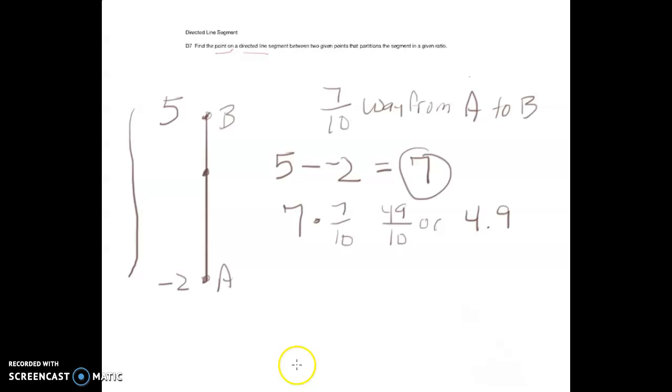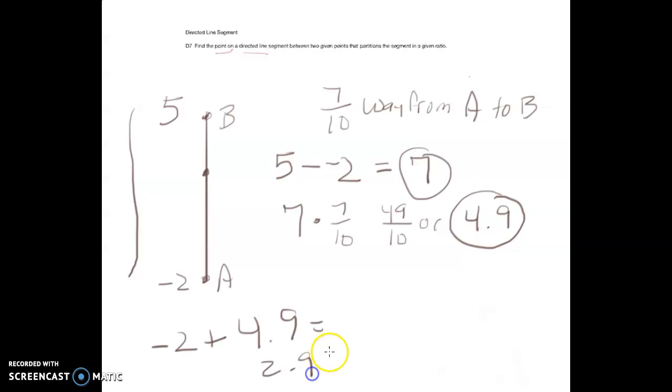Okay, so what's happening? The whole length right here is 7, and 7/10 of that is 4.9. Now, am I looking here at 4.9? No, it's 4.9 from the -2. So I'm going to have to go -2 plus 4.9 equals 2.9. Make sense? So this point right here is at 2.9.